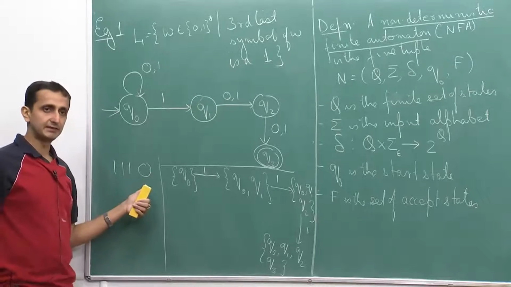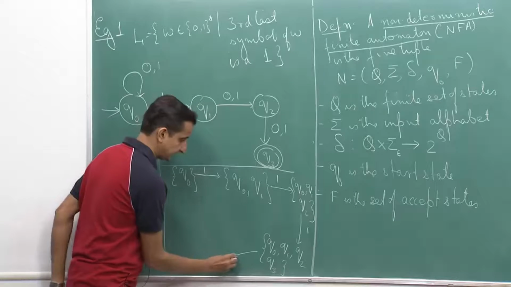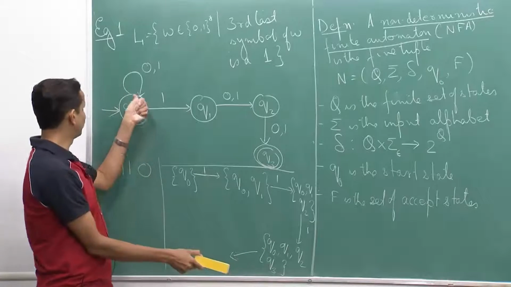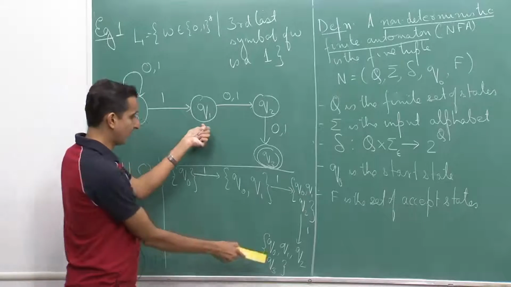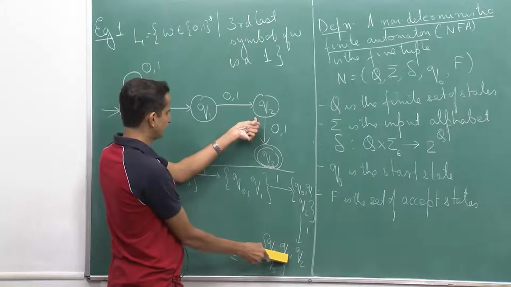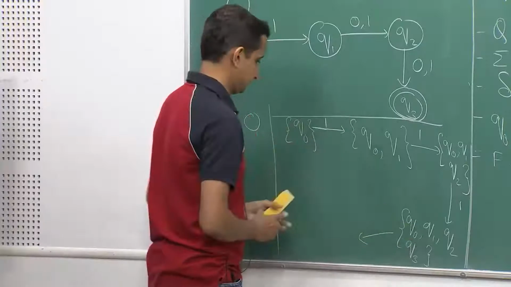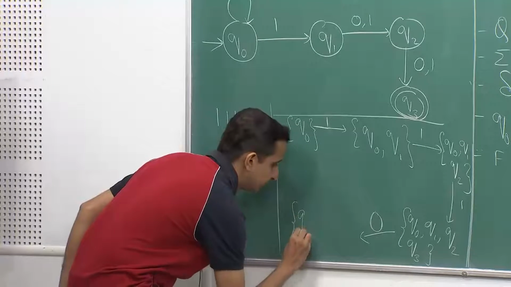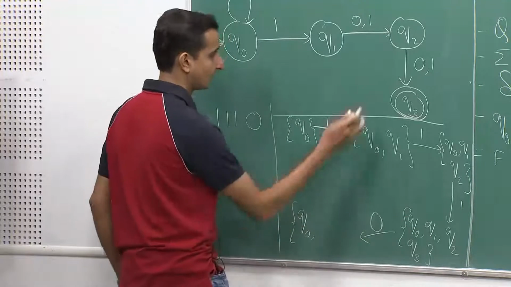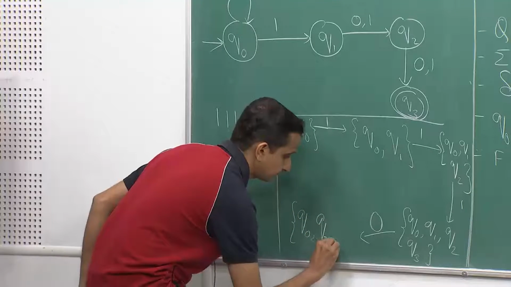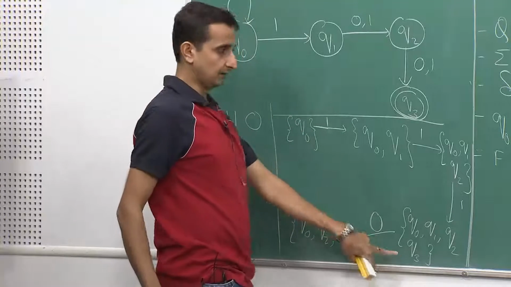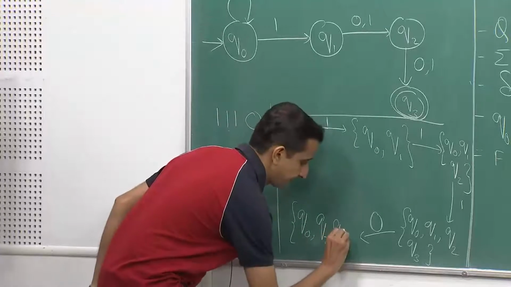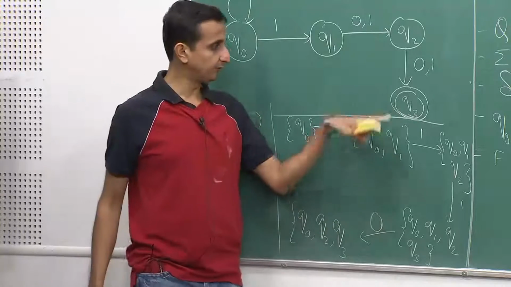Now, the last bit is a 0. So, what happens when we read a 0? On seeing 0, from Q0 we stay at Q0, from Q1 we go to Q2, from Q2 we go to Q3, and from Q3 we do not go anywhere.